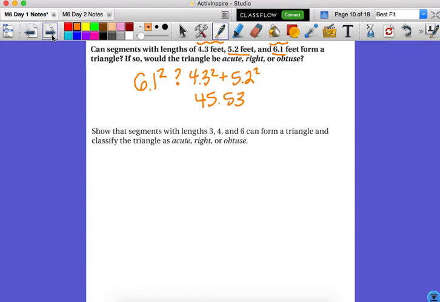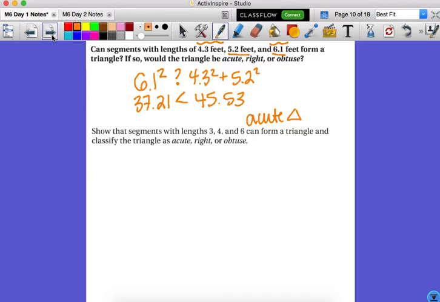And if I square 6.1, I end up with 37 and 21 hundredths. And then I want to decide, is this less than, greater than, or equal to? And this is a less than scenario, which tells me this is an acute triangle.